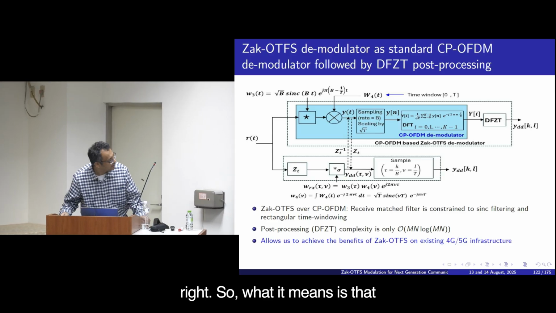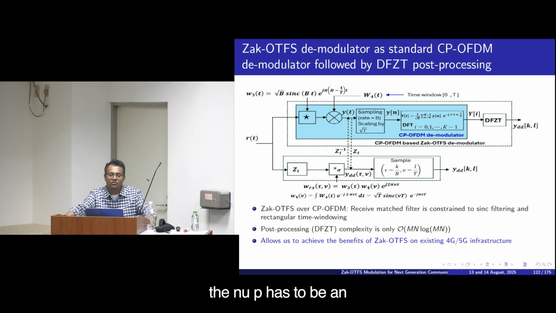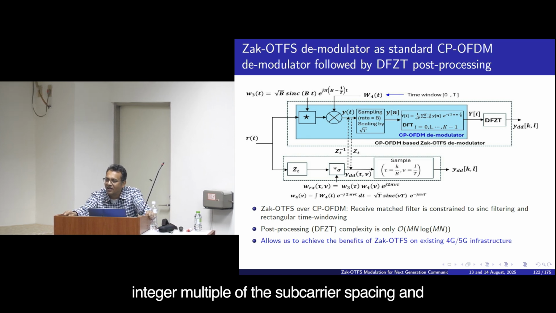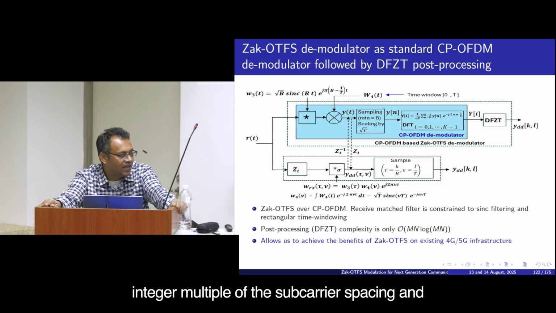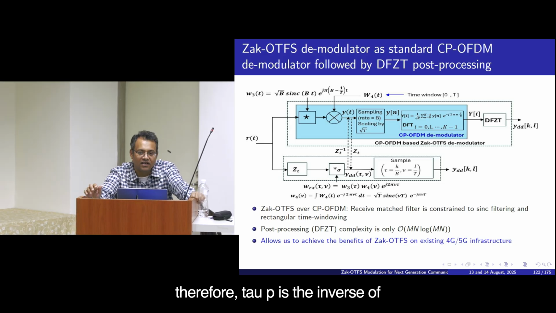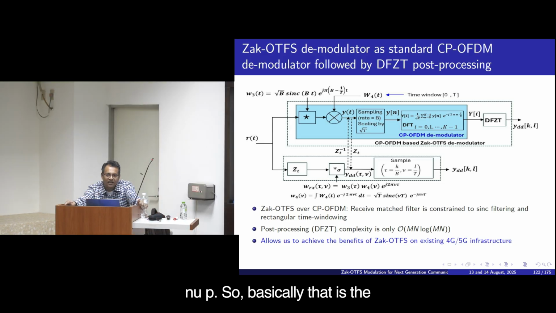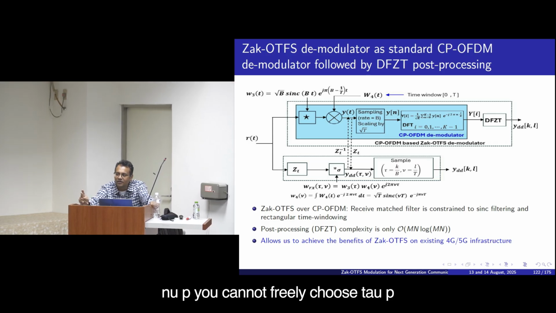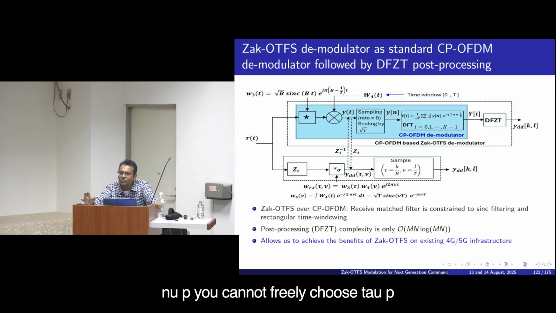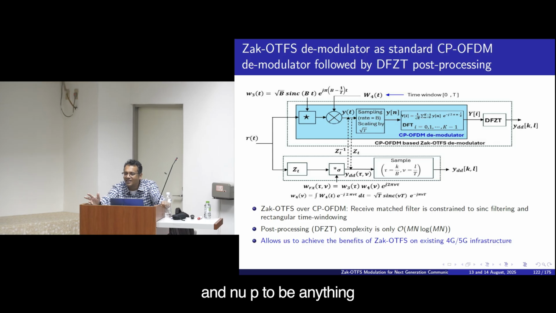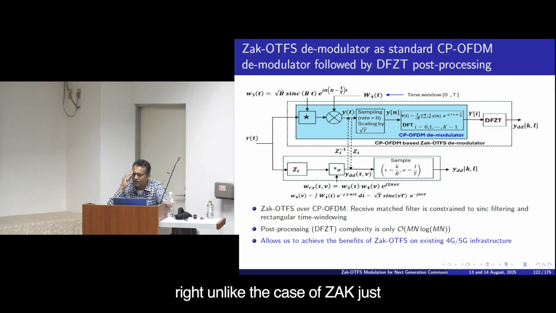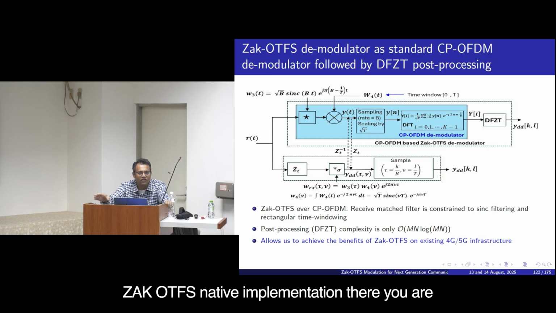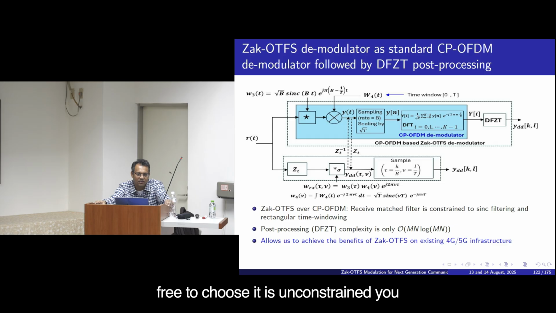So what it means is that the nu p has to be an integer multiple of the subcarrier spacing, and therefore, tau p is the inverse of nu p. So basically that is the constraint it puts on tau p and nu p. You cannot freely choose tau p and nu p to be anything, right. Unlike the case of Zak-OTFS native implementation, where you are free to choose, it is unconstrained.